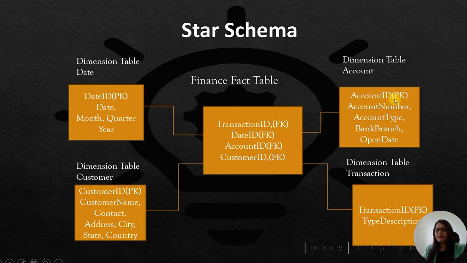Account ID is the primary key in the account dimension table. This is the transaction dimension table, where the primary key is transaction ID. This is the customer dimension table, where customer ID is the primary key. And this is the date table, which uses date ID. We take all these IDs into the ID columns of the fact table, where they are considered foreign keys.